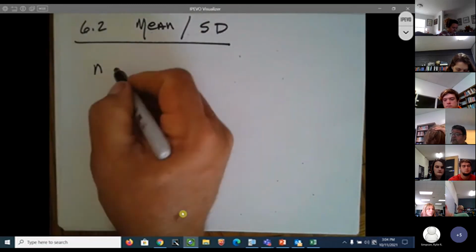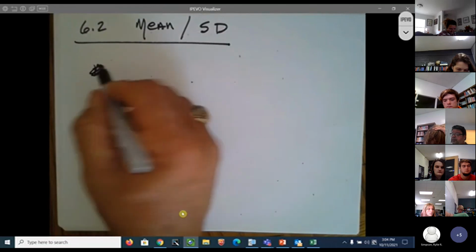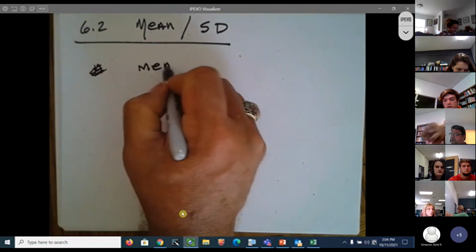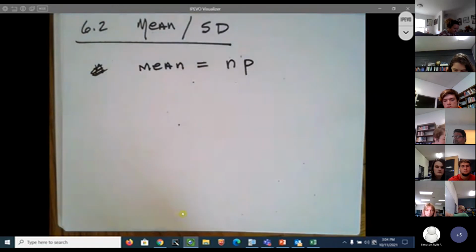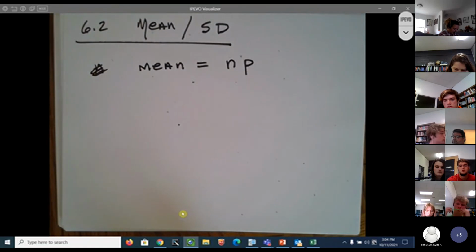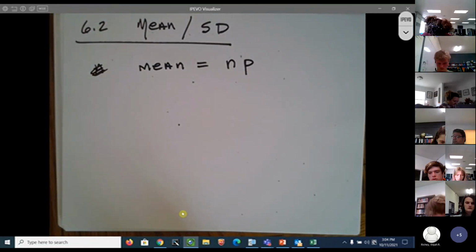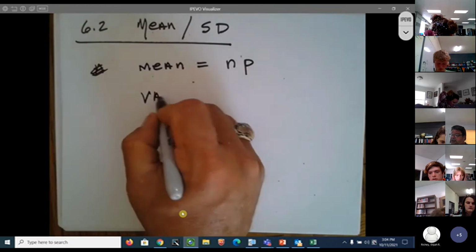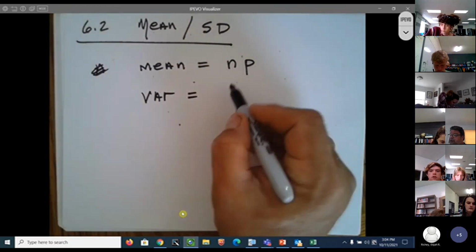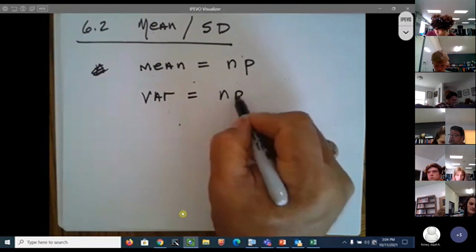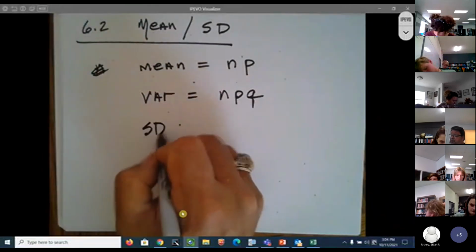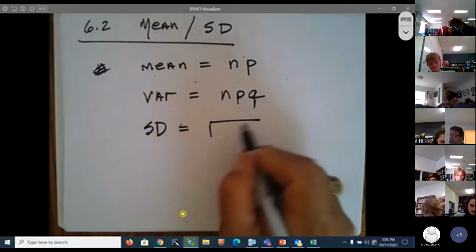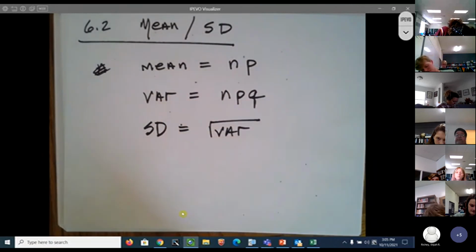The mean is equal to N times P. And the variance is equal to NPQ. And the standard deviation is equal to the square root of the variance.